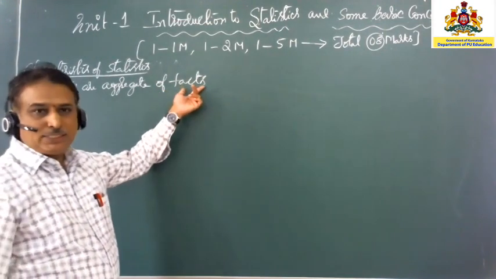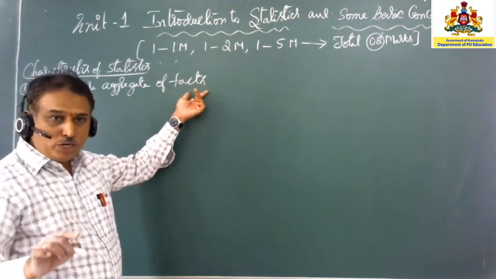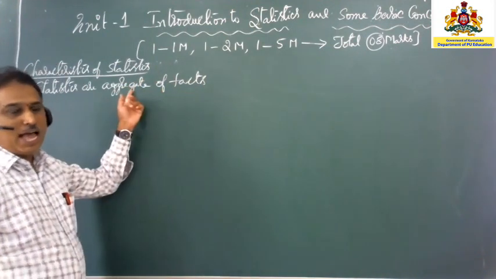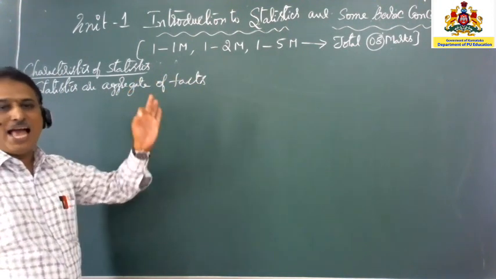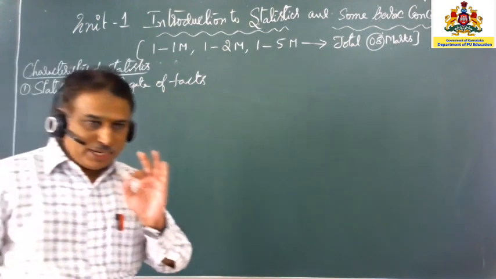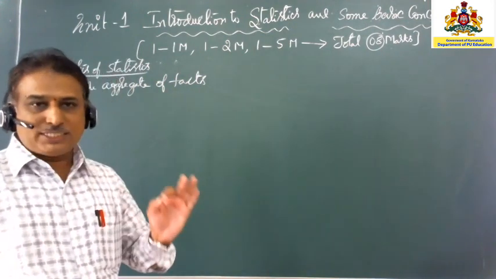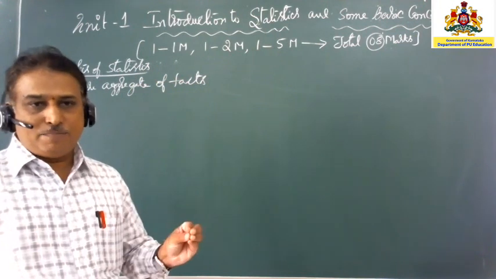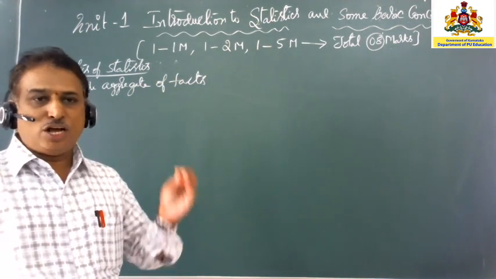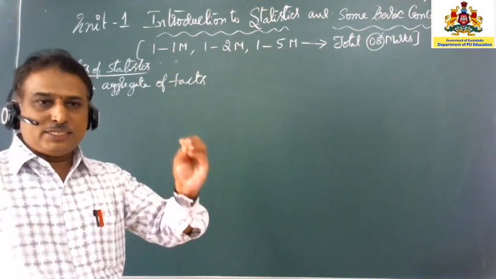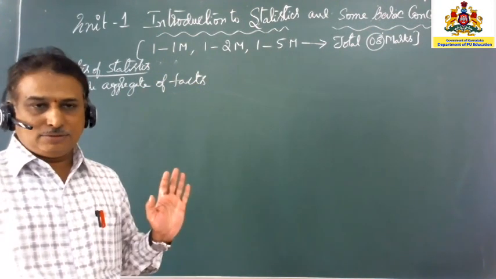Here, facts means information. Known information we have to represent in the form of aggregate. Aggregate is nothing but average. If it is a single value, it is not statistics. Always statistics refers to a group of data. For example, average production of steel in the year 2019 is 200 tons.